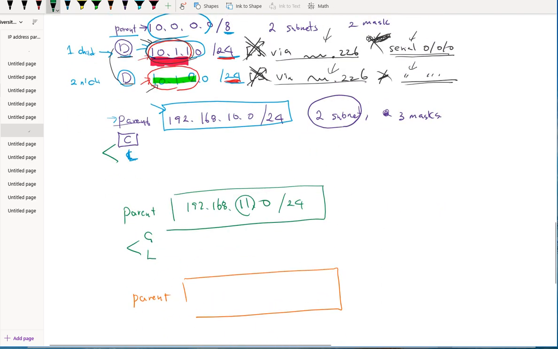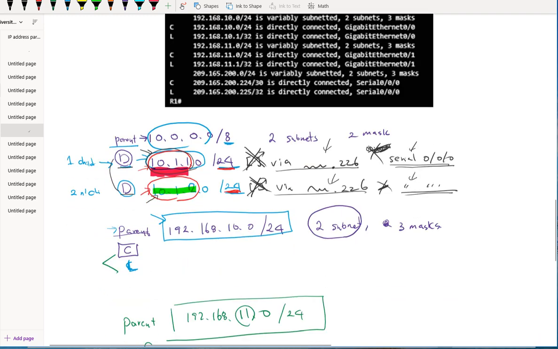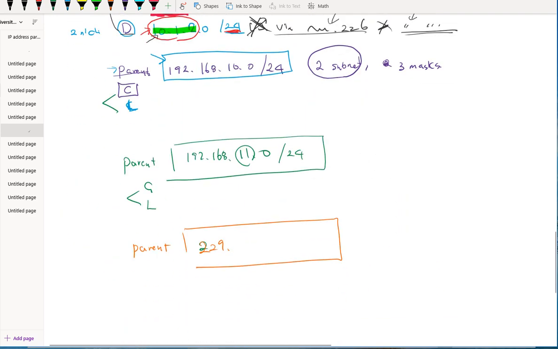So the orange is 209.165.200.0 /24, right? And just like that, you have a parent, so you have a directly connected network, and then you have a directly connected interface.